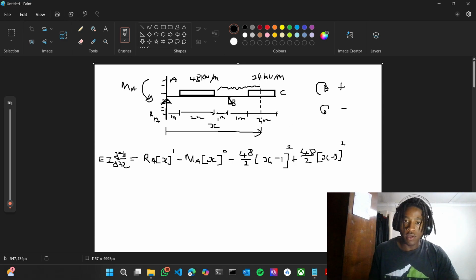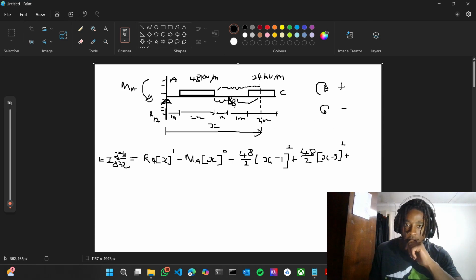Then we move on to this point here, RB. RB here is clockwise, so it's positive. So this compensation would basically act down here to counteract the fake portion of the UDL.